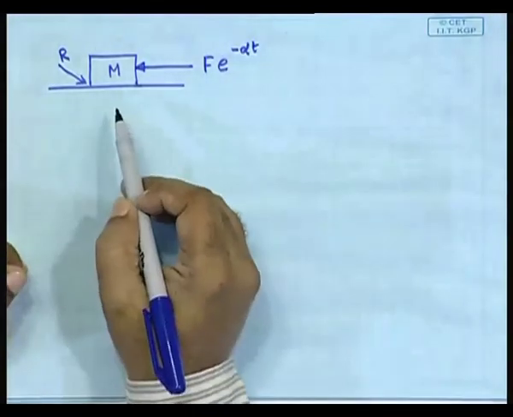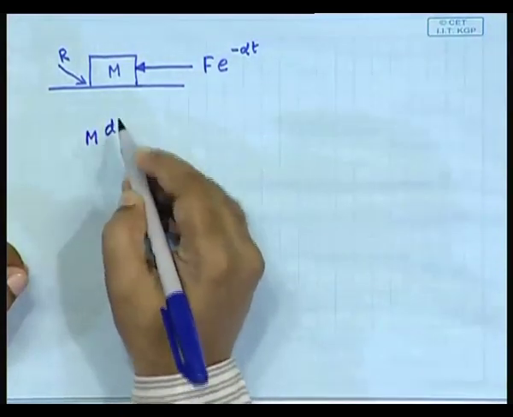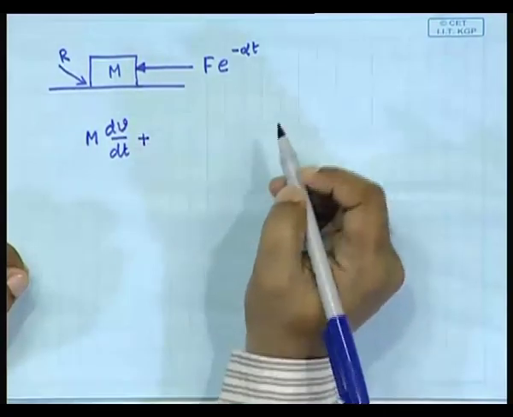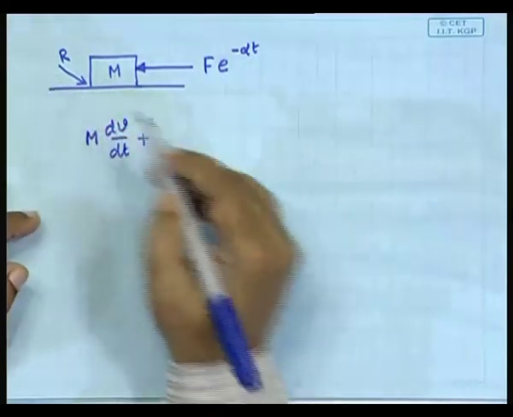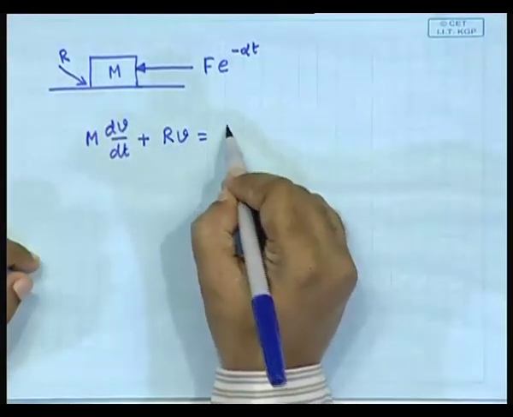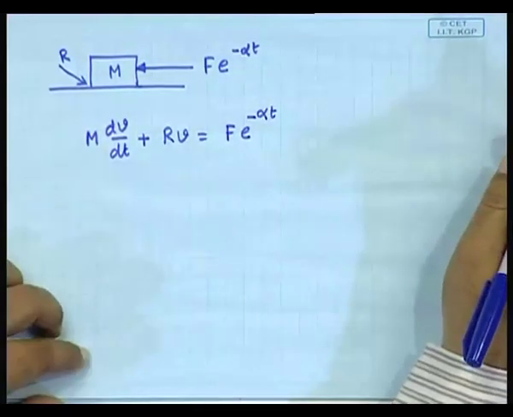D'Alembert's principle. So, it is mass into acceleration, m dv/dt, plus this force r into v must be equal to F e to the power minus alpha t, right.